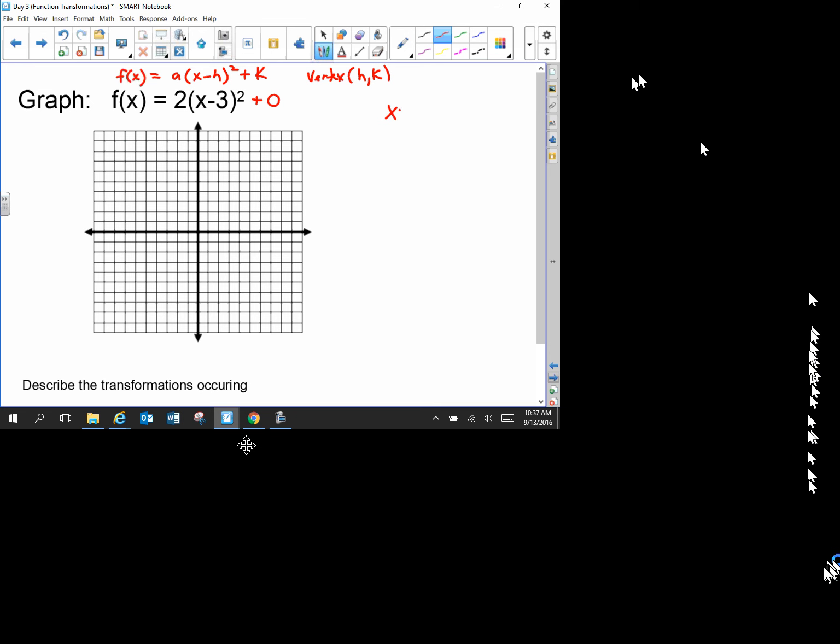That helps us find the x component for the vertex. So this has been shifted 3 units to the right. It's going to have a nice line of symmetry right there at x equals 3.